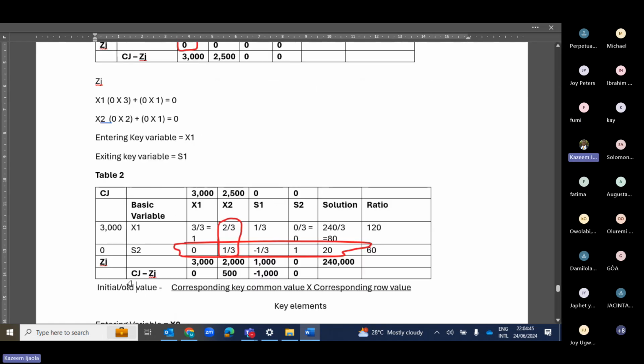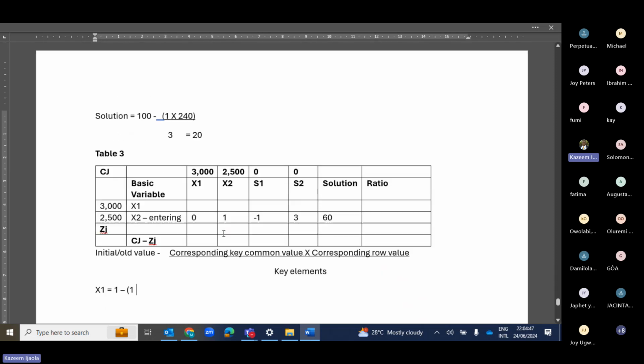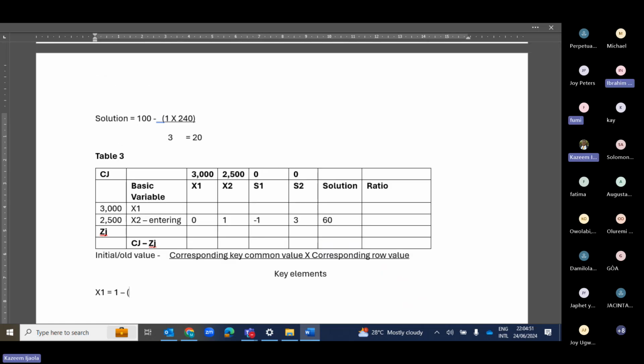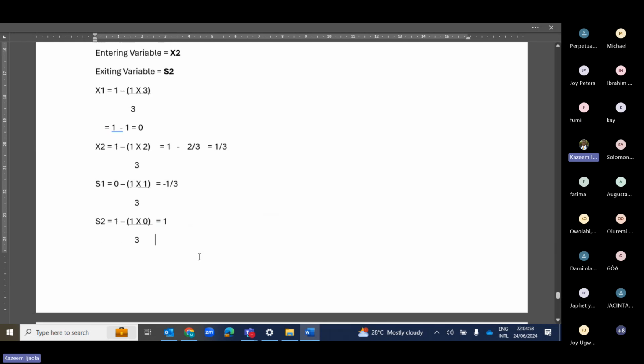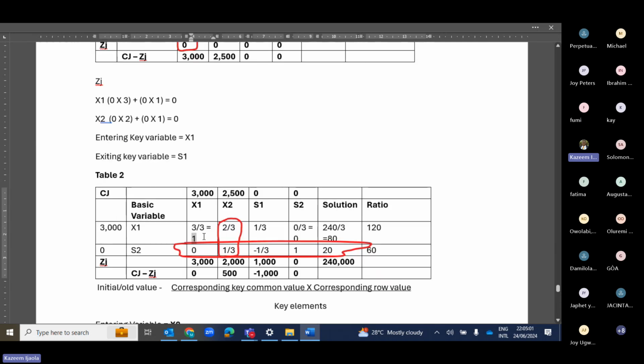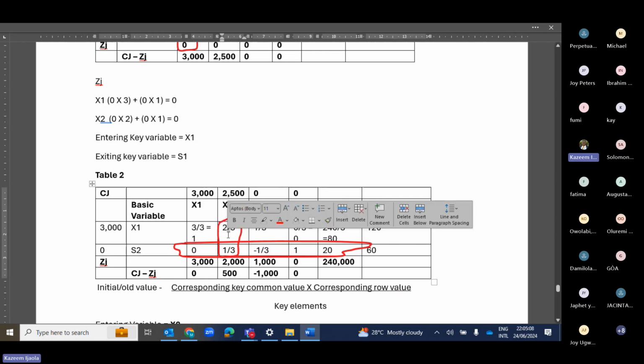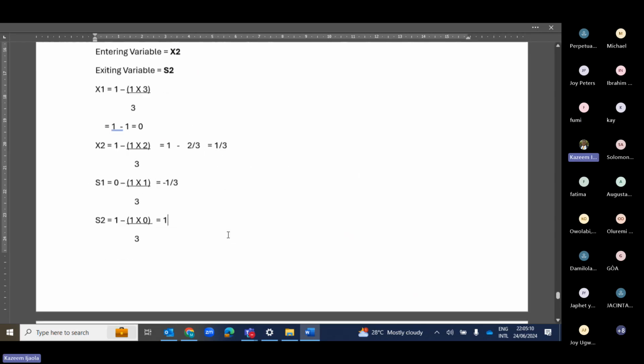What is the key column value of that one? Your corresponding key column of the one is 2/3. So 1 is your initial value, and your corresponding key column is 2/3. Are you with me? It is 2/3.